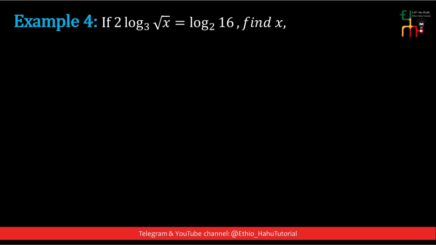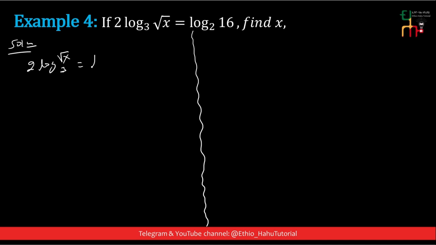The fourth example: if 2 times logarithm of radical x to the base 3 is equal to logarithm of 16 to the base 2, find the value of x. 2 times logarithm of radical x to the base 3 is equal to logarithm of 16 to the base 2.